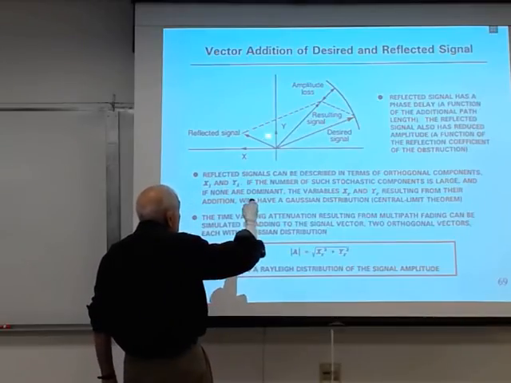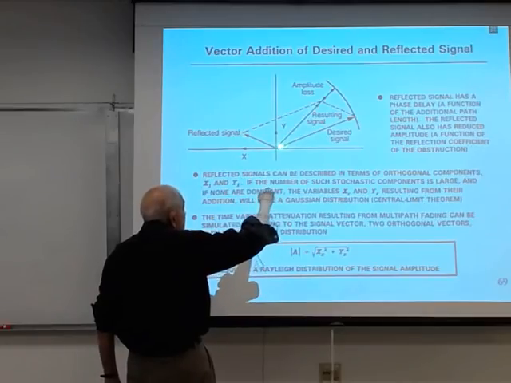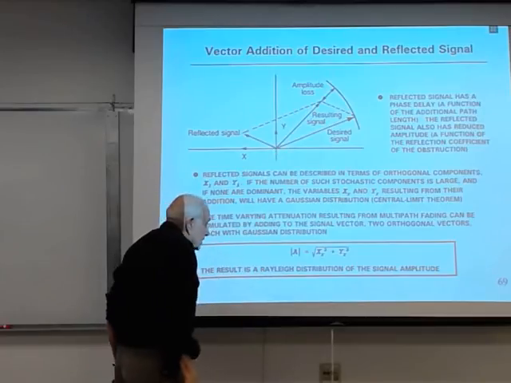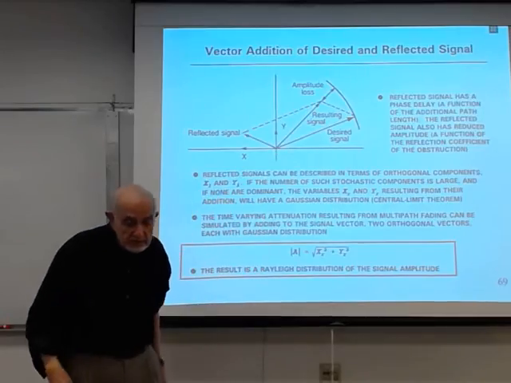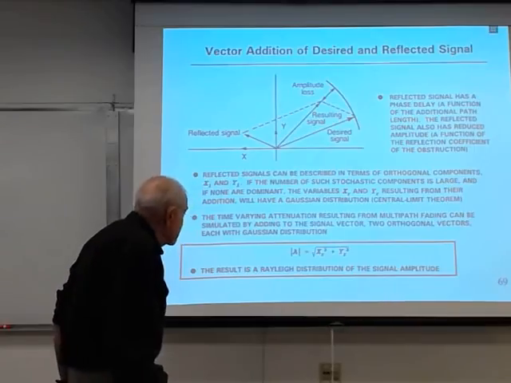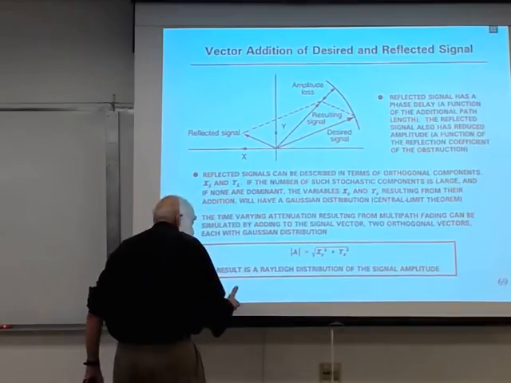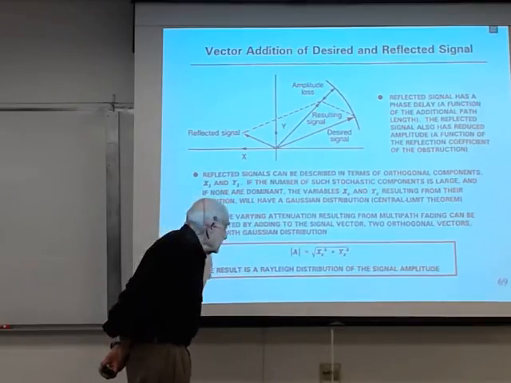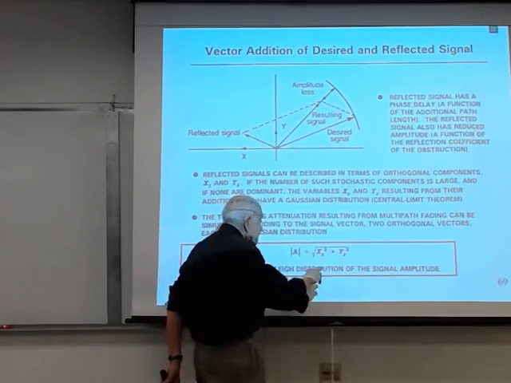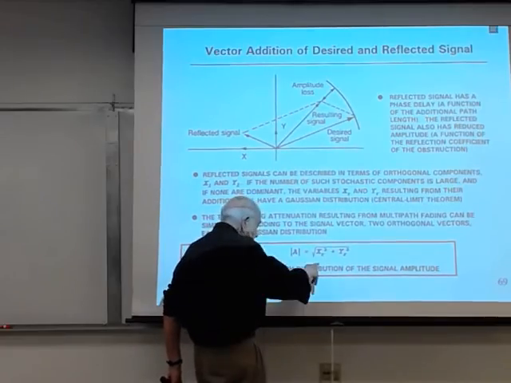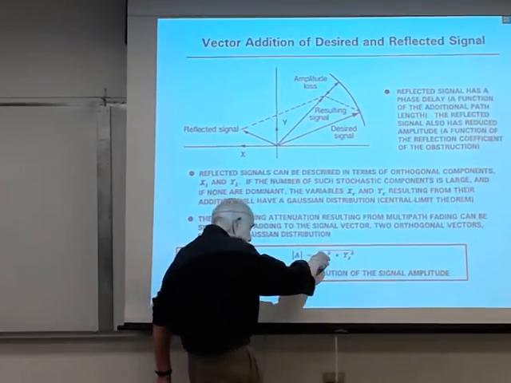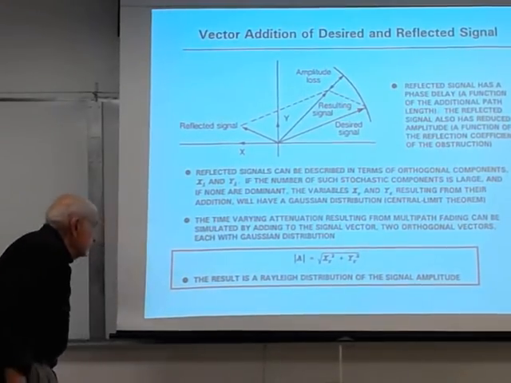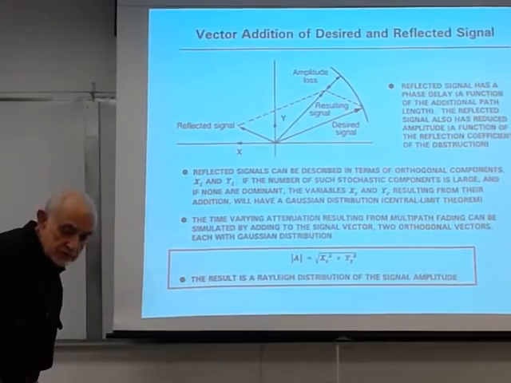Whatever this resultant signal is, it can always be broken up into X and Y resultant components. If these X and Y components are Gaussian, then the envelope of the signal is going to be the square root of the X resultant squared plus the Y resultant squared, and that is typically referred to as a Rayleigh distribution of the signal.